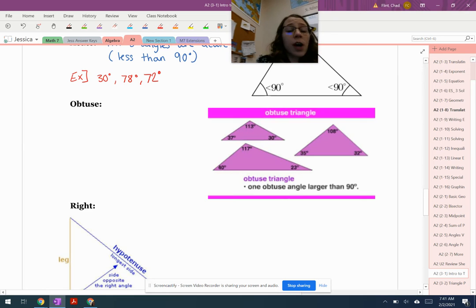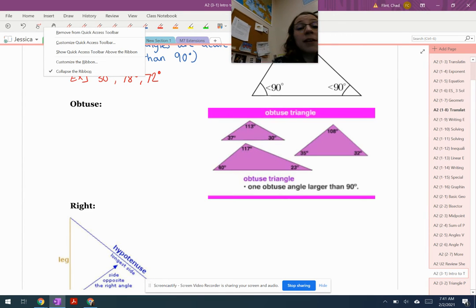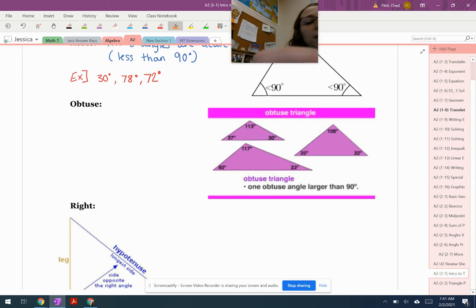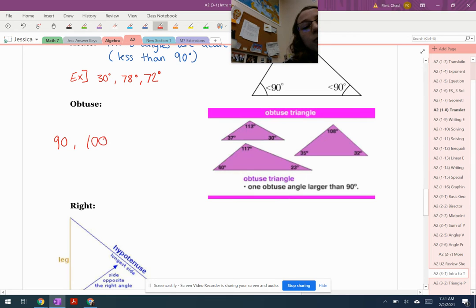An obtuse triangle obviously has an obtuse angle involved, but if you think about it, it can't have more than one obtuse angle. If I had multiple obtuse angles, which are bigger than 90, say 100 and, technically 90 is not obtuse because it's right, so let's make it 95, and then let's say 30.